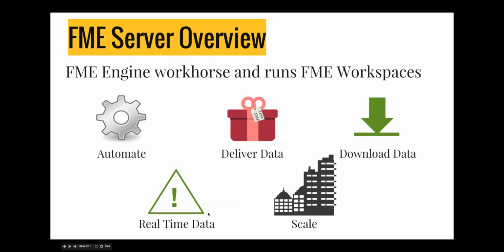The FME engine is the same engine. It's the workhorse. That's the same one that was running for desktop. It's on server. Server is a scalable platform and allows you to deliver your data, maybe allow people to download that data, access data real time, be able to go into an interface and get at the data the way they want. And you can do all of that on the scalable platform known as FME Server.